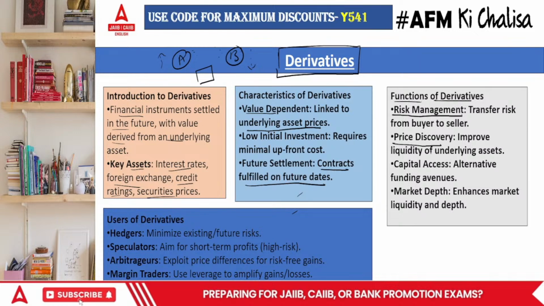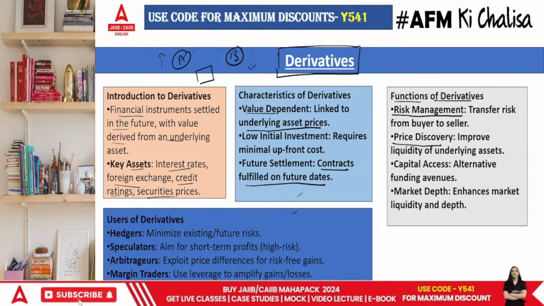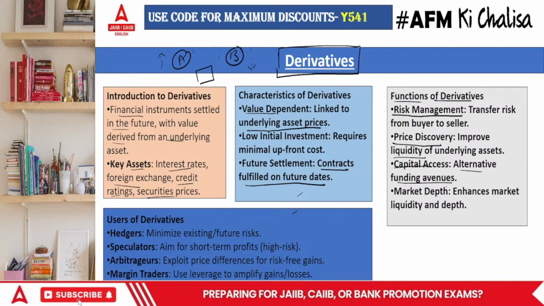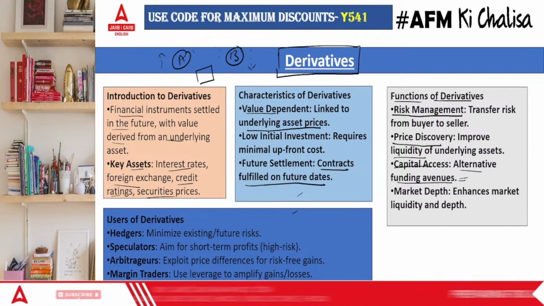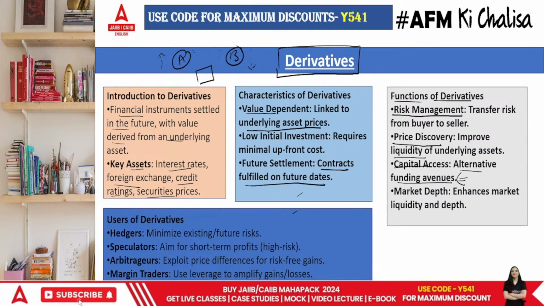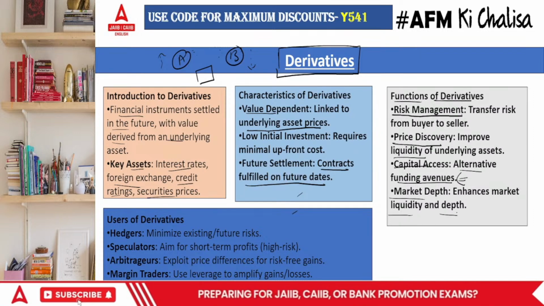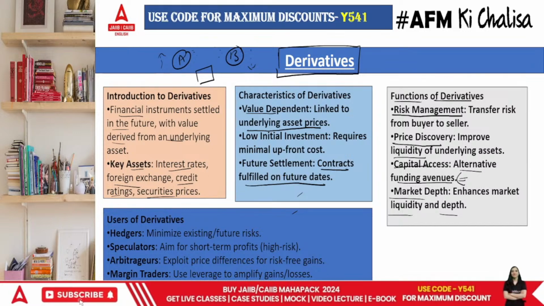One side is talking about demand, the other about supply, so there is liquidity involved. Capital access, everyone: alternate funding avenues are there. How do you arrange your funds based upon your derivative? Market depth: when you play with this liquidity, you come to know how to price your product in the market.